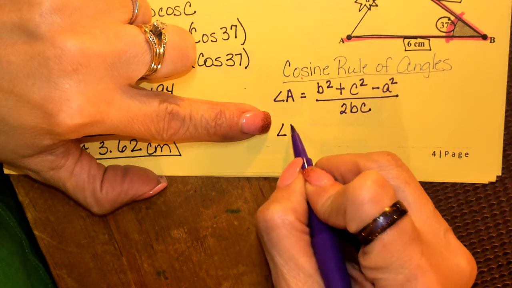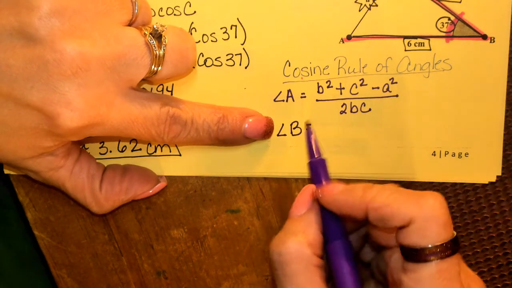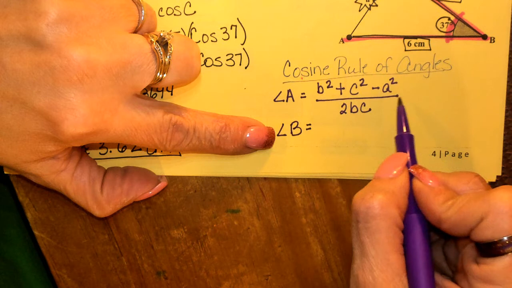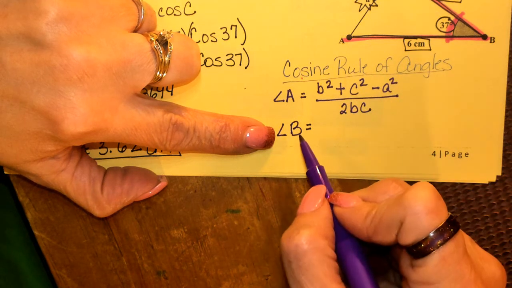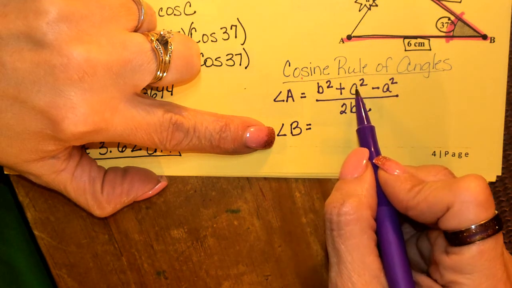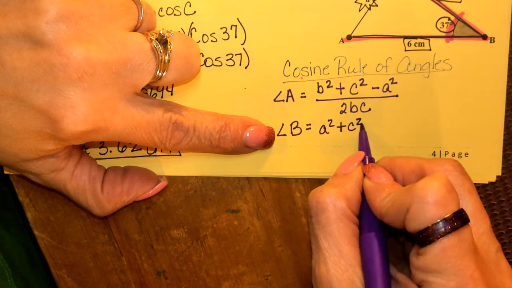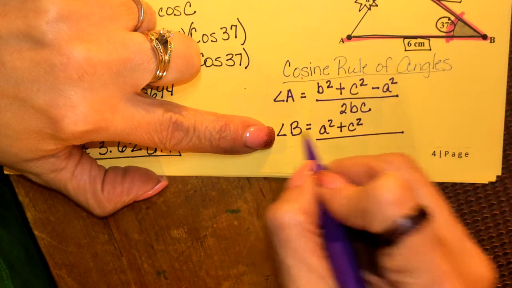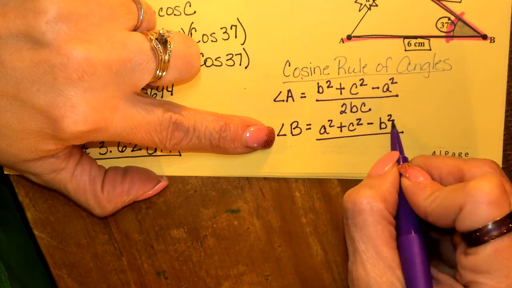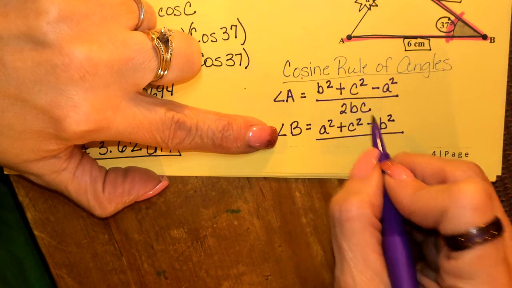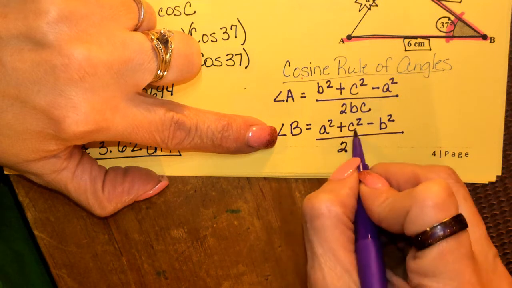If I'm trying to find angle B, let's see if we can follow that. I'm going to have A squared and C squared. So A squared plus C squared. Because I'm trying to find B, I'm going to subtract off B squared. And then down here, instead of 2BC, it'll be 2AC.